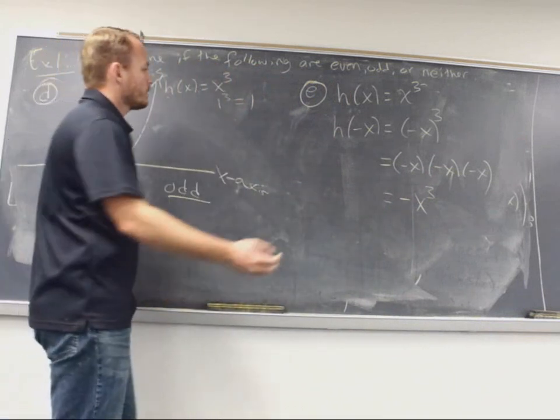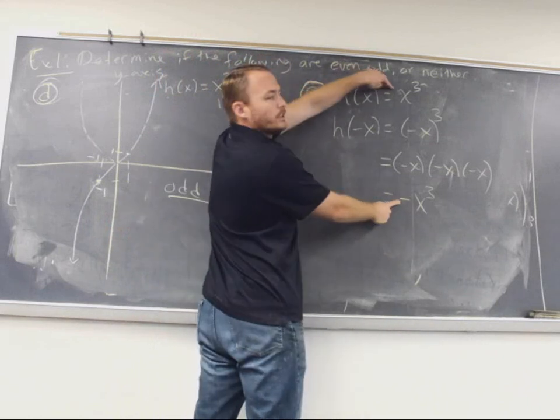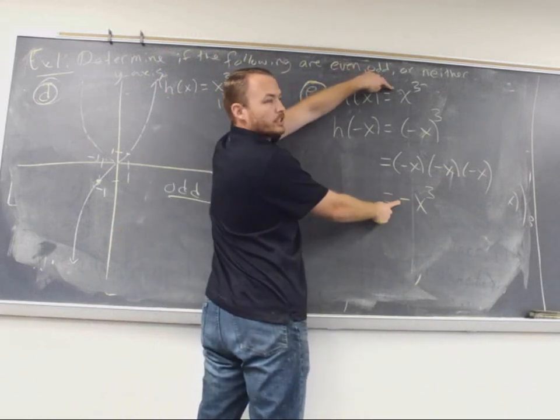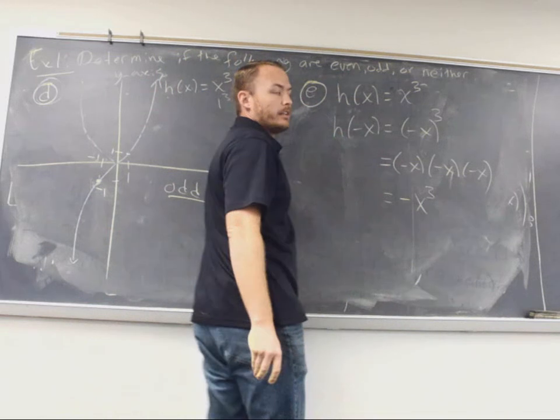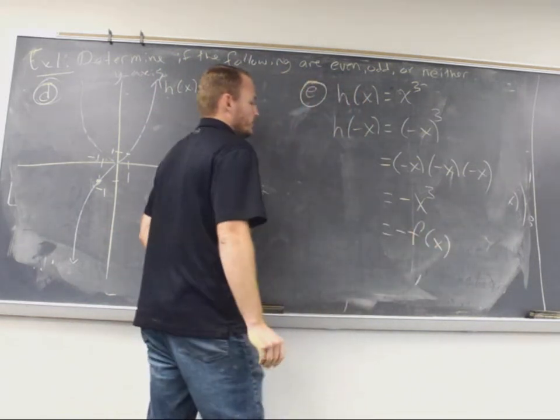So what happens is, you compare this to the original function, and the sign's changed. So that means it's an odd function, or it's equal to the negative of the original. So this is odd.